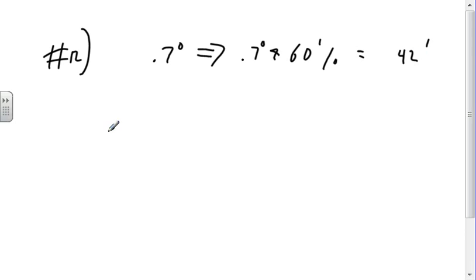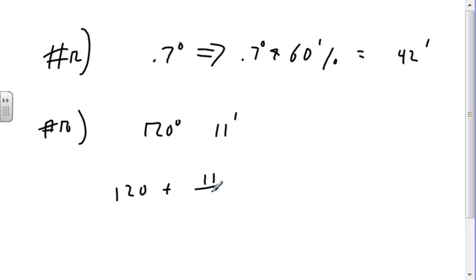Number 16. I'm just getting warmed up. I have 120 degrees, 11 minutes, and I want to change to decimal degrees. So I've got 120 plus 11 divided by 60.